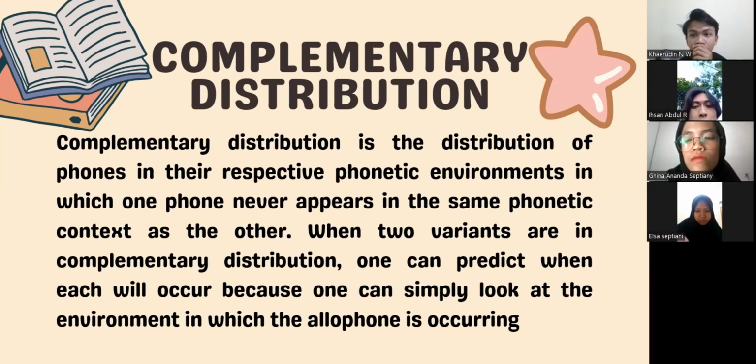Complementary distribution is the distribution of phones in their respective phonetic environments, in which one phone never appears in the same phonetic context as the other. When two variants are in complementary distribution, one can predict when each will occur because one can simply look at the environment in which the allophone is occurring.